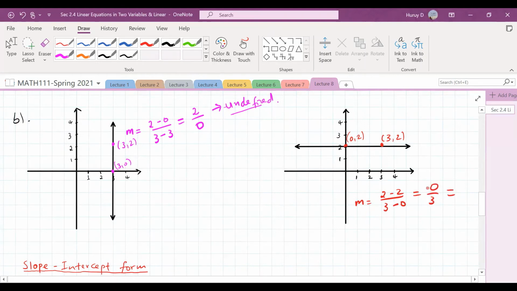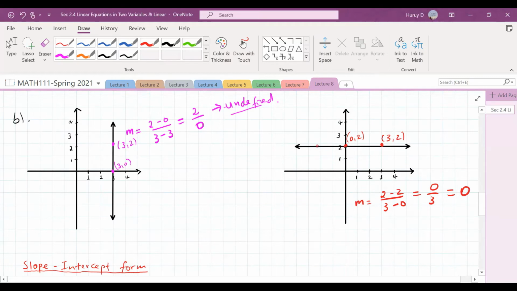And what is this? This is 0. Again, if you have a horizontal line, then the slope is always 0. For any horizontal straight line, the slope is 0.